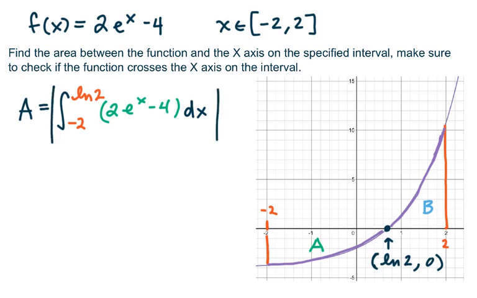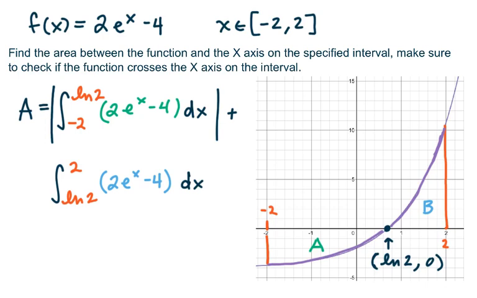Because that's below the x-axis, it's going to be negative. We need to make it positive. Plus, my integral is going to go from the natural log of 2 to 2. And that's going to be my positive part, so that's for 2e to the x minus 4.